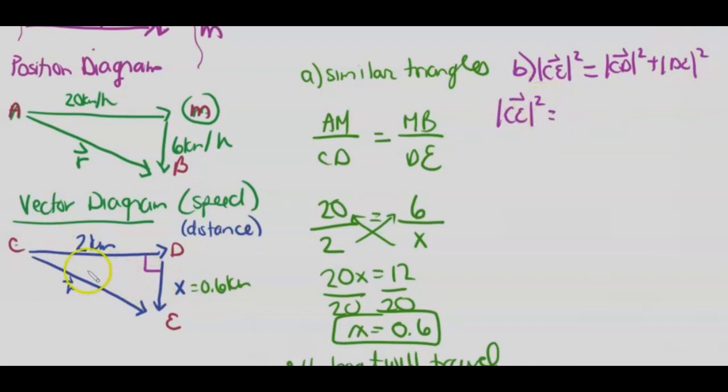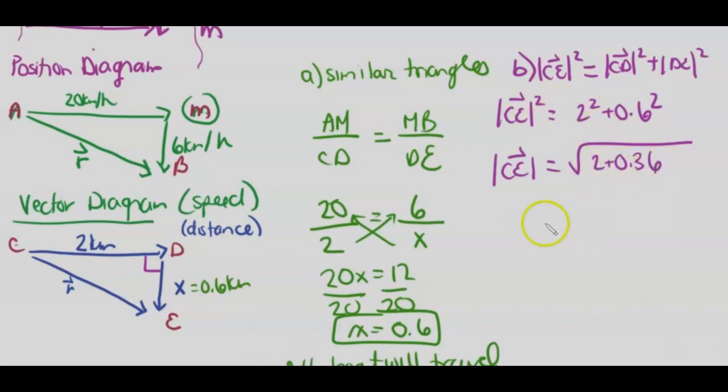So this is going to be 2 squared plus 0.6 squared.